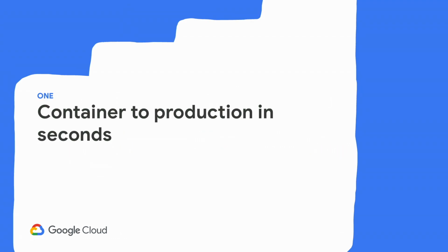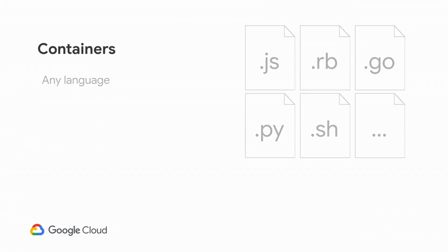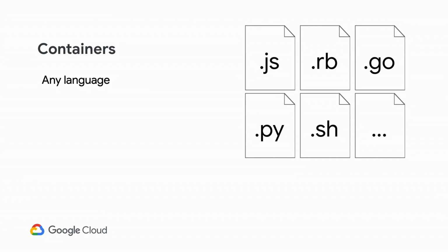The first one is being able to bring your containers into production within seconds. I'm sure some of you might have heard about containers, maybe also used them. So what are the good things about containers? First, you can write your application in any language, and you can package it in the container.